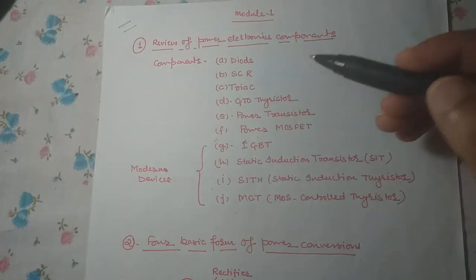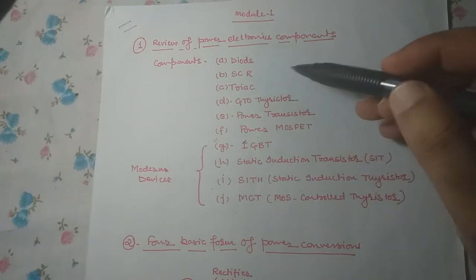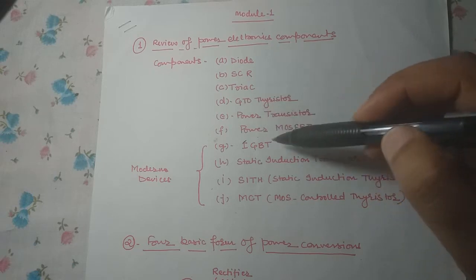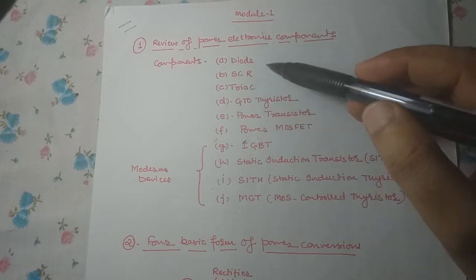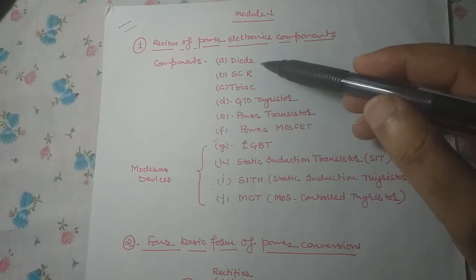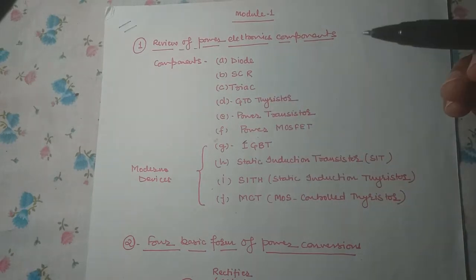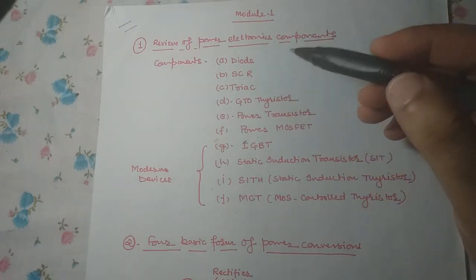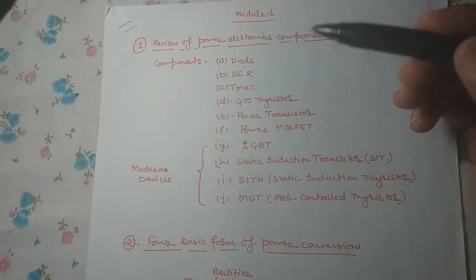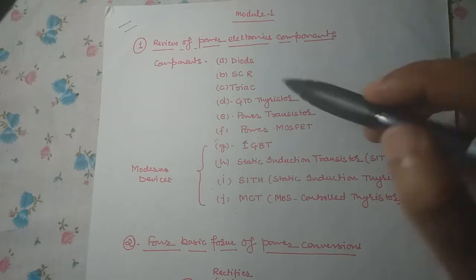Now, the basic function of these power electronic devices is that all of these devices are switches, and they are slightly different from each other in spite of being a switch.